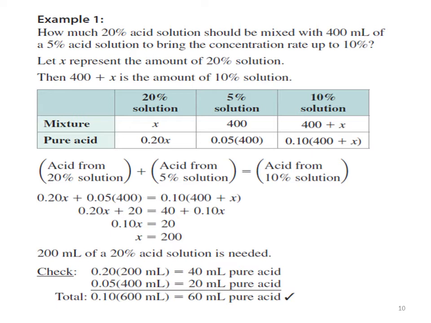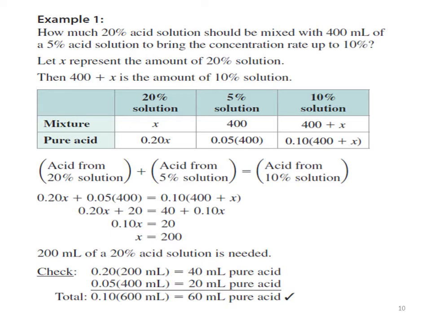The resulting mixture, we already said the volume will be 400 plus x. The amount of acid, since this is a 10% solution, will be 10% of 400 plus x, or 0.10 times 400 plus x. And once you have this table, now you can set up your equation, and it turns out it will be a linear equation.